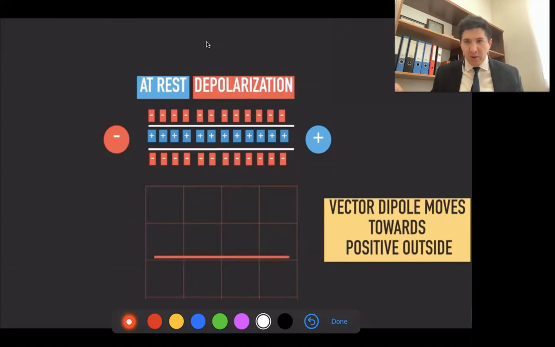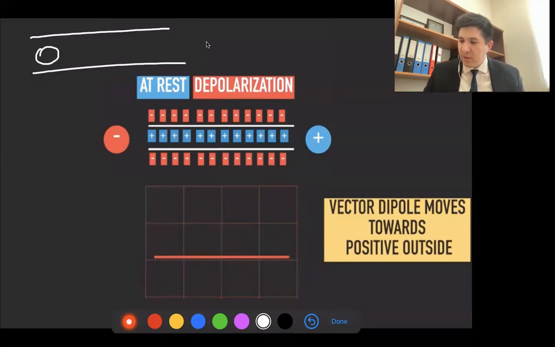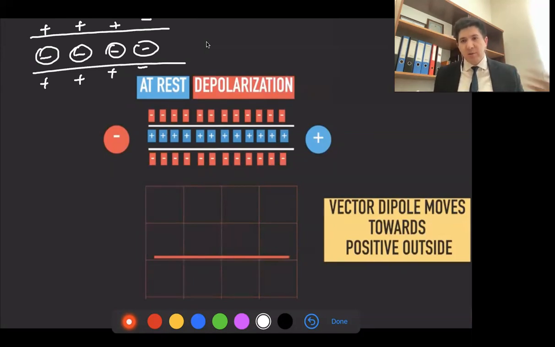So at some point, the cells are going to start repolarizing. So let me draw this again. So one more time, you've got the cells here, which are negative inside and positive outside. Once this cell on the left gets the signal, it starts to depolarize, and it's going to transmit the signal to the right.